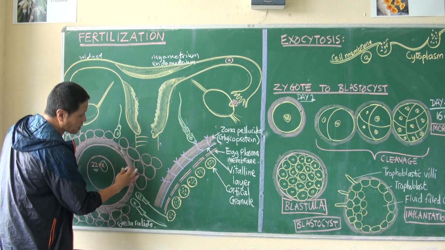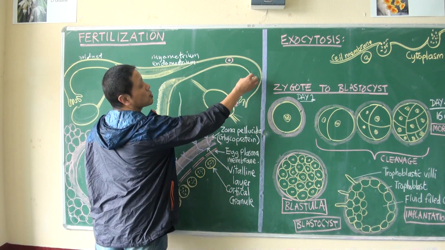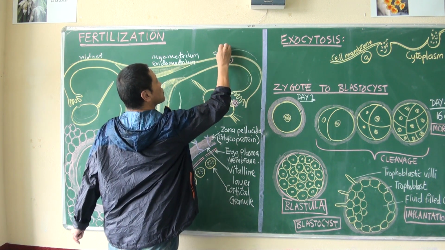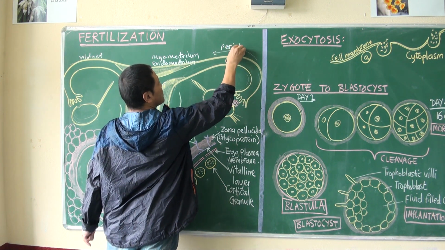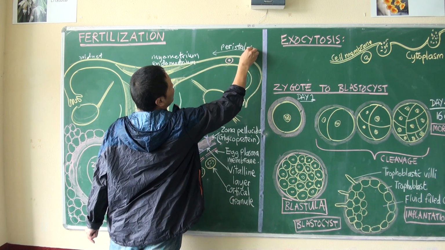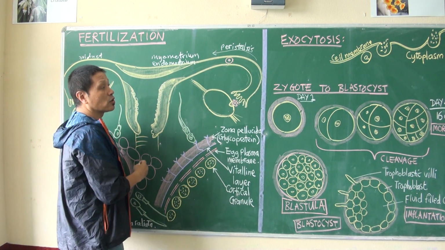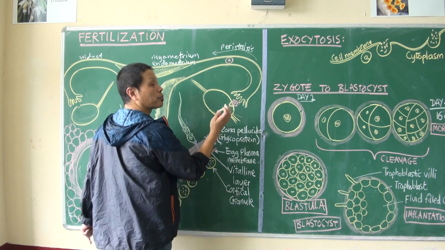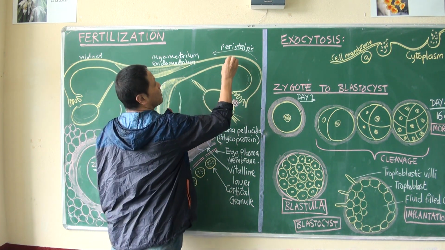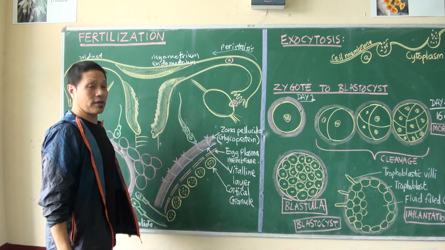So here is this cell moving on. It moves forward because of peristalsis, which is the wave-like action of the oviduct. Okay? It is immotile, so it needs to be propelled or pushed forward by the walls of the oviduct.